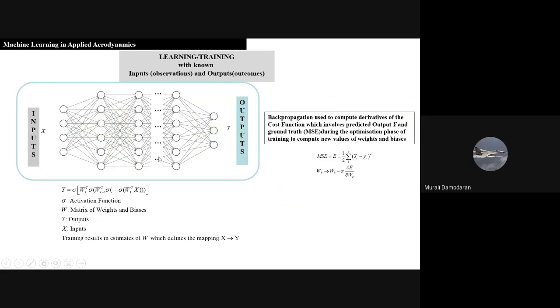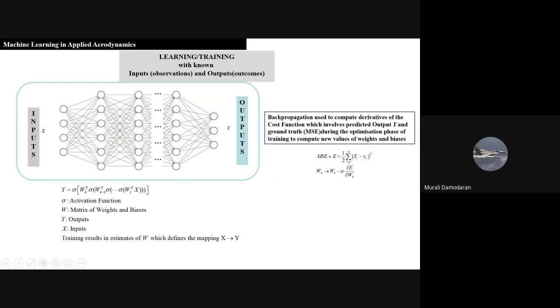There's some input X and an output Y, and the function form will look something like this. It's a function because you're summing up: each neuron has a weight and a bias, you add up everything, and Y is equal to this. Inside here, this is the input X, and this matrix of weights and biases is what you should find. That is obtained by optimizing the MSE, the mean square error between the predicted output and the expected output, which is the ground truth.